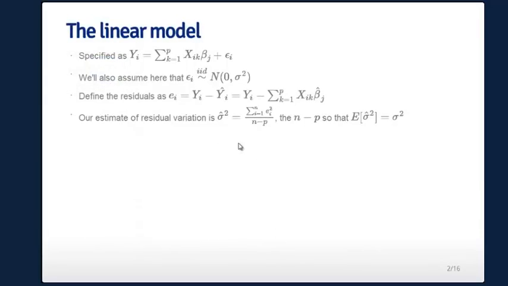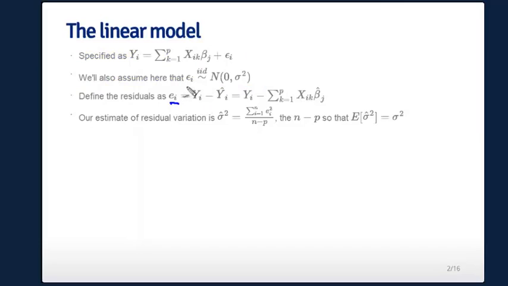Okay, so just to remind ourselves of some notation, we specify the linear model this way as the sum of a bunch of linear effects from the covariates multiplied times the parameters. As we need here, we're going to assume that the errors are IID normal 0 sigma squared, and then we define the residuals as we did before.